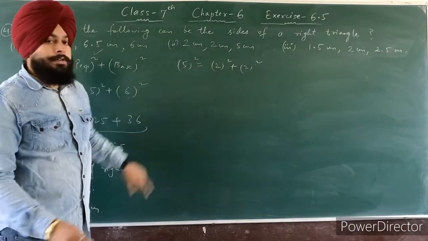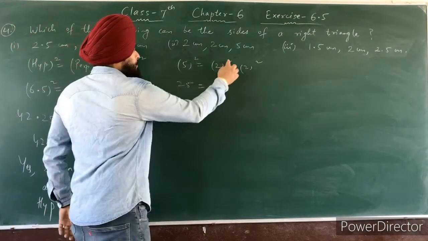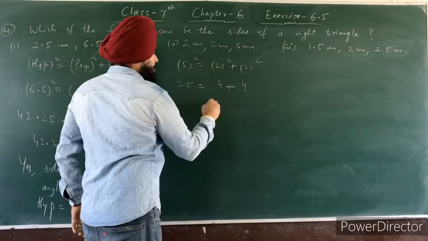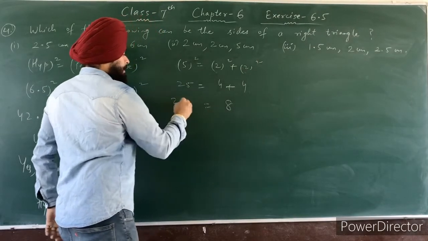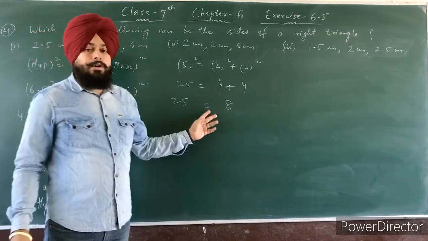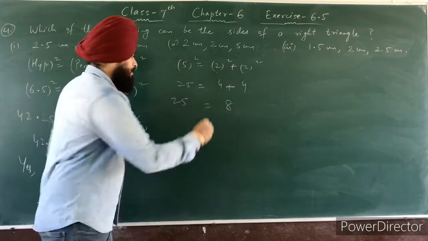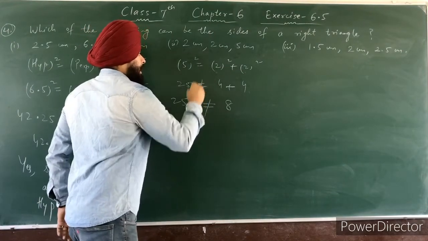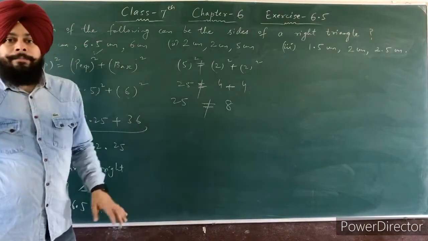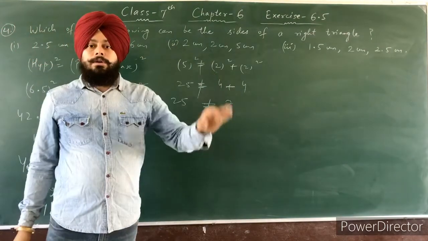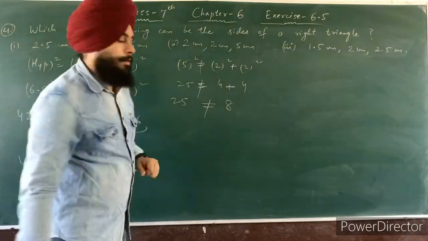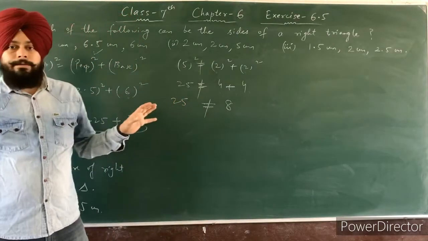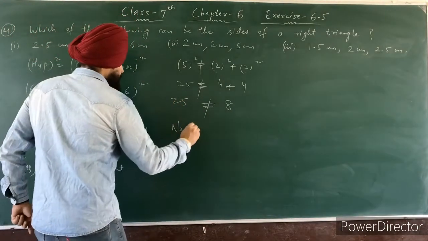So 5 square is 25. 2 square is 4 and again 2 square is 4. So 4 plus 4 is 8. Now left hand side is not equal to right hand side. So 25 is not equal to 8. So that's why these three sides are not of a right angle triangle, because the Pythagoras property doesn't hold here. So you can write here no.